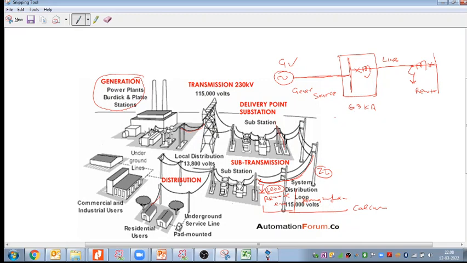One is the source resistance, with value from the generator as the source, Rs, and source reactance, Xs. And second is the line impedance, line resistance RL and line reactance XL.